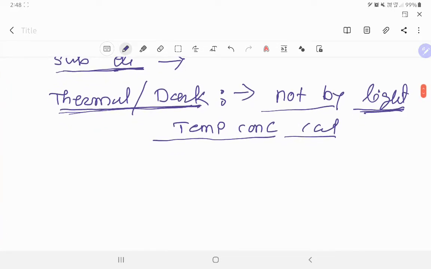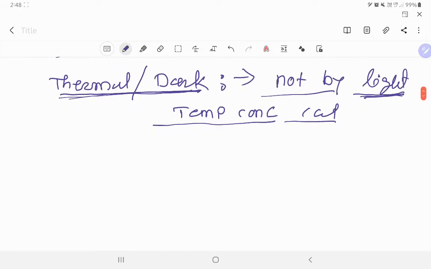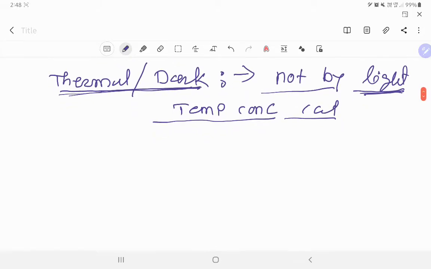They are influenced by temperature, concentration, presence of catalyst. Those reactions which are induced, started, influenced by light are called photochemical reactions.